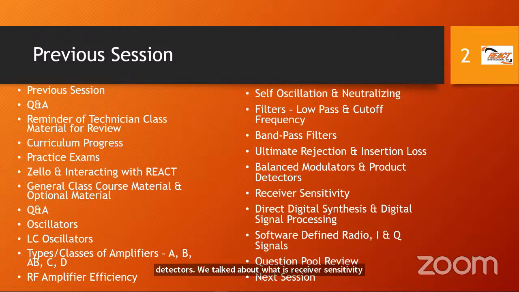Then we went on to concepts related to DDS, or direct digital synthesis, and DSPs, digital signal processing. And then we ended by talking about SDR, or software defined radio, and relatedly the I and Q signals. So we would have also covered the question pool questions that matched all of the theory that we had discussed.